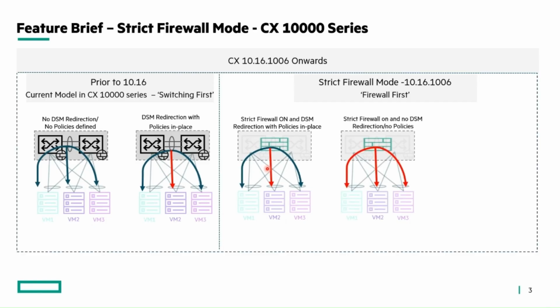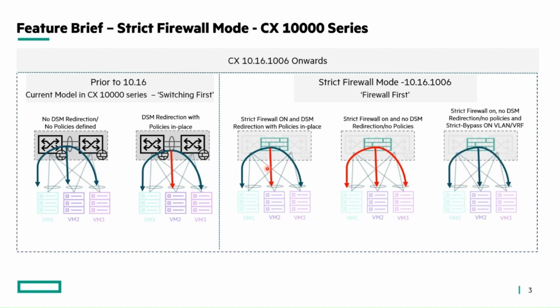Another scenario would be that you have strict firewall on and no DSM redirection, no policies. That means everything gets blocked. That is a strict firewall. And if you have strict firewall on, no DSM redirection, no policies, and you have a strict bypass on a VRF or VLAN, those can communicate with each other because you're just bypassing that traffic.